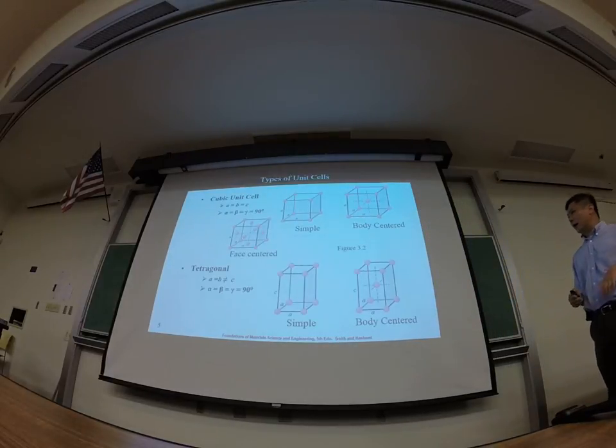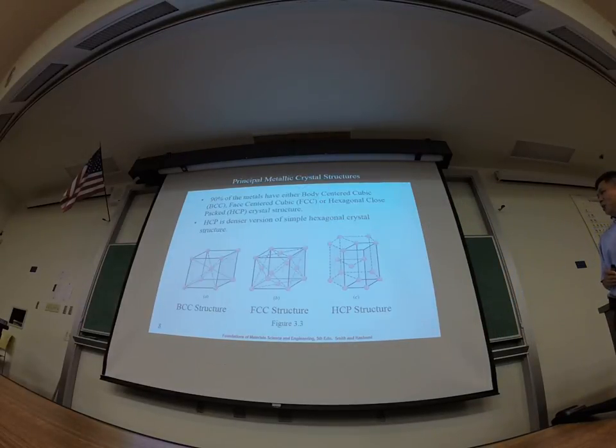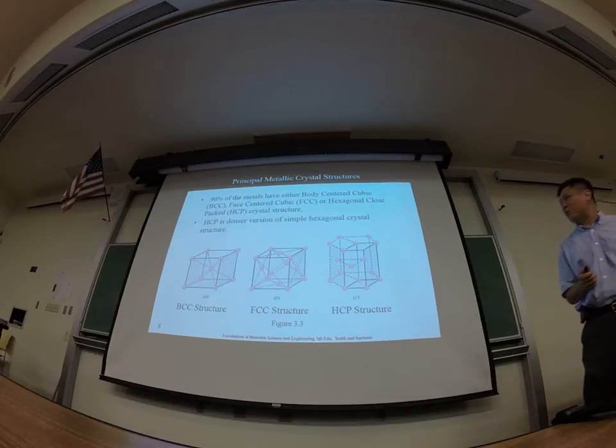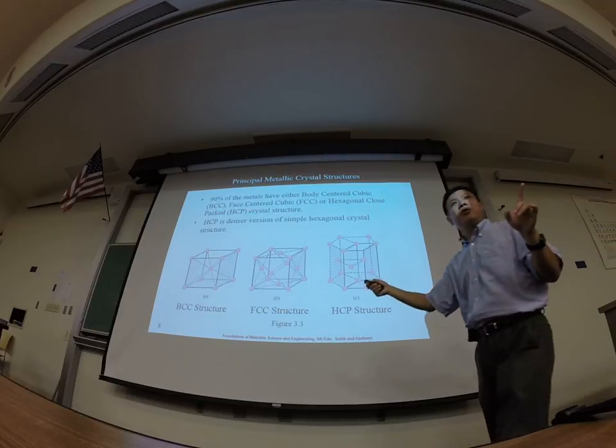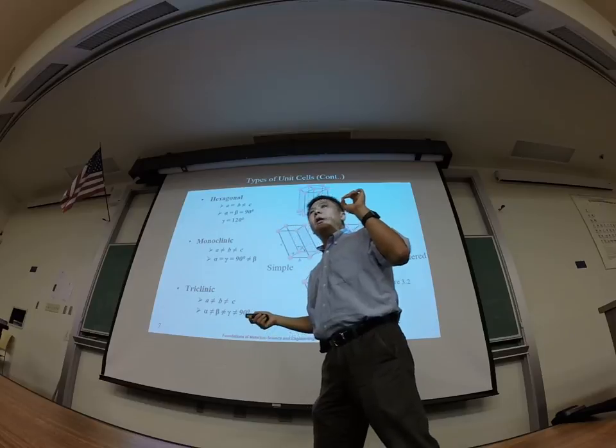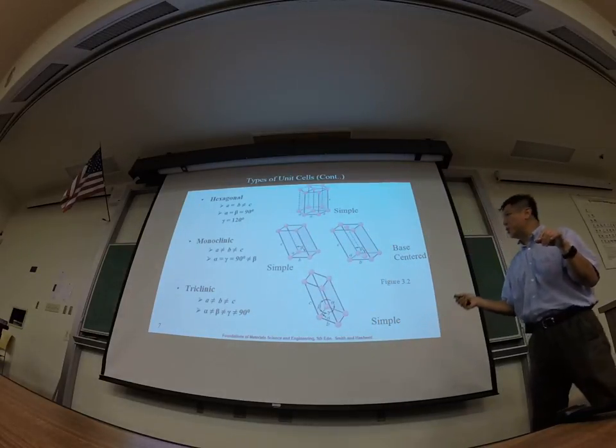So based on that, as I mentioned, we are mostly interested in only 3 different types of crystal structure. One is the body-centered cubic, one is the face-centered cubic, and one is hexagonal close-packed. That's why I want to mention that you need to distinguish them.